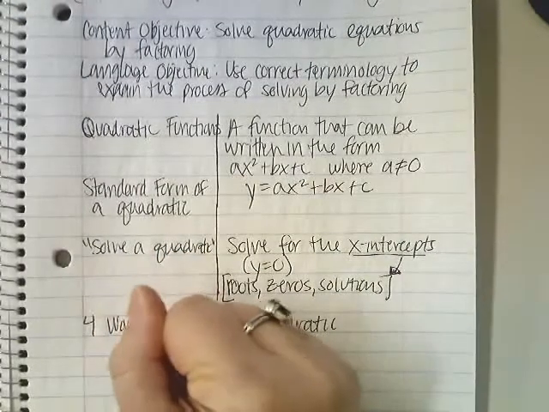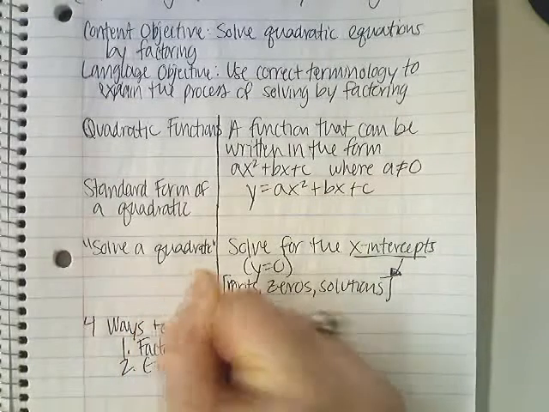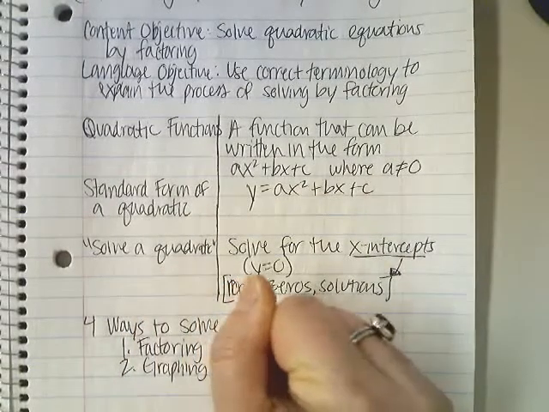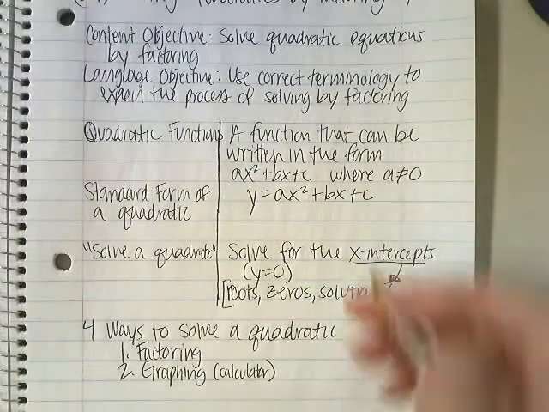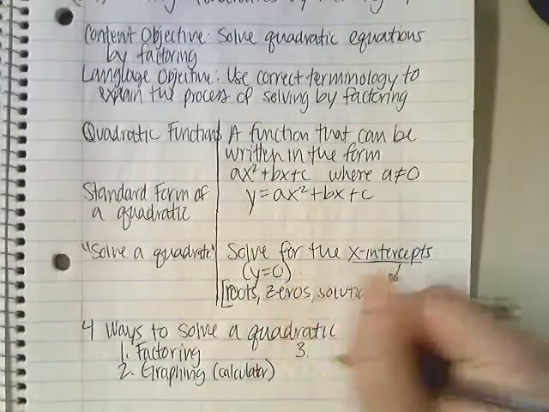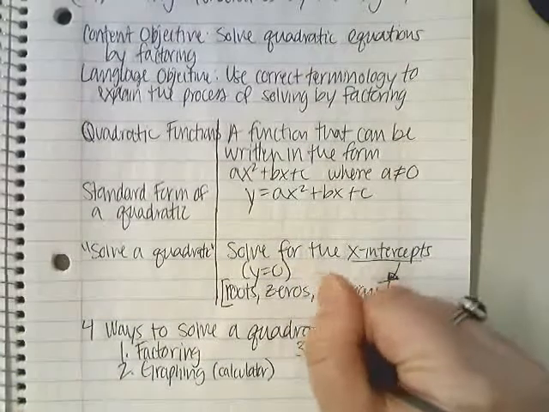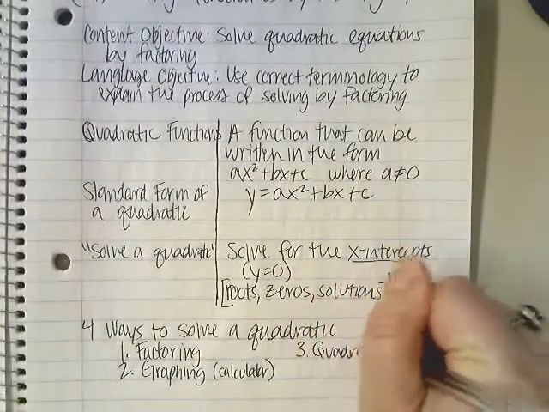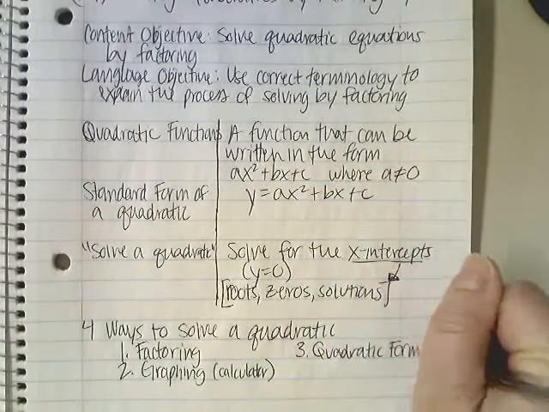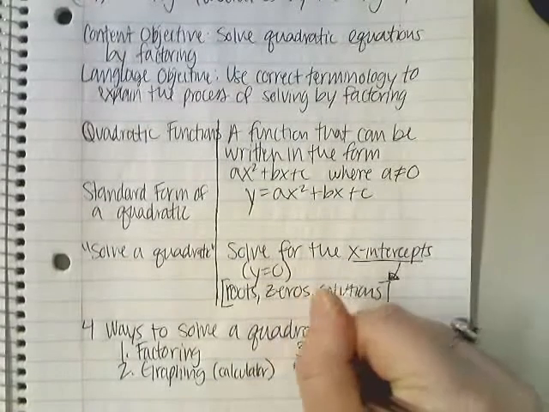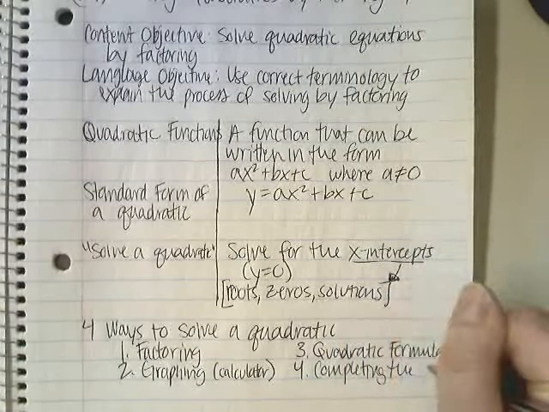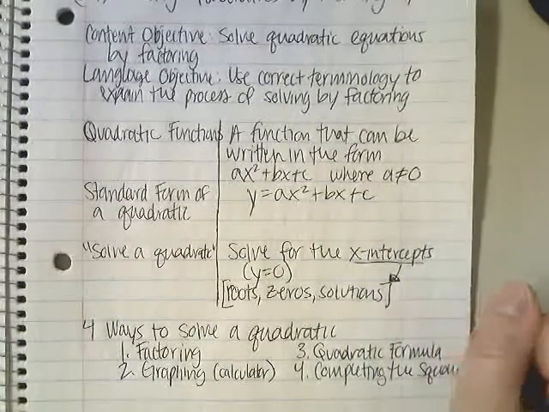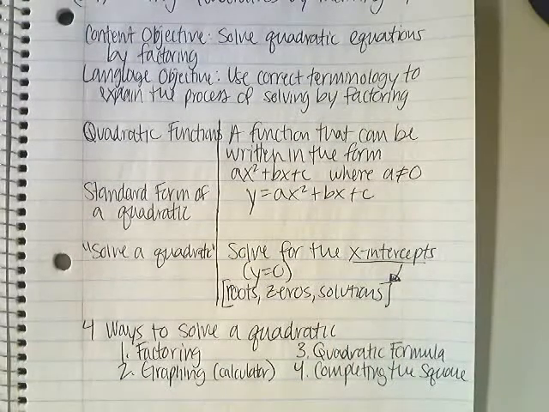Second, we have graphing, but this will be done with a calculator, so we're not really going to focus on that this unit, but if you're curious, I'm more than happy to show you how to do that. The other way is the quadratic formula. And last, but not least, completing the square.